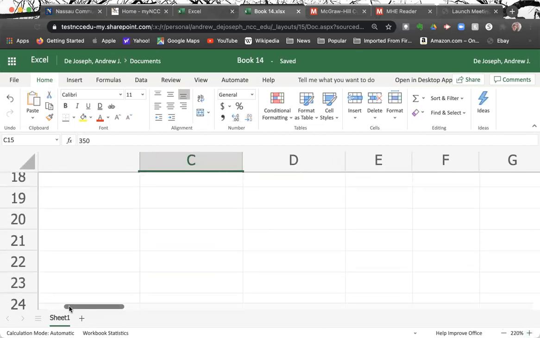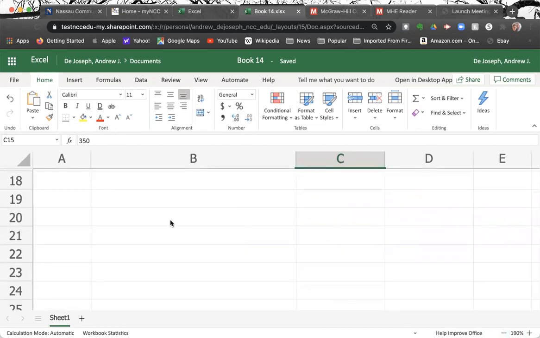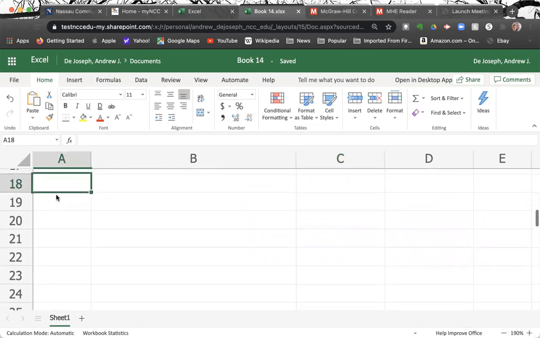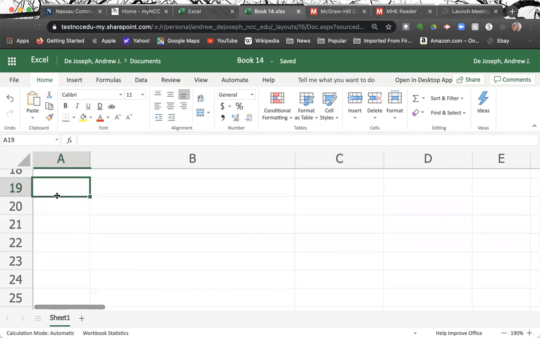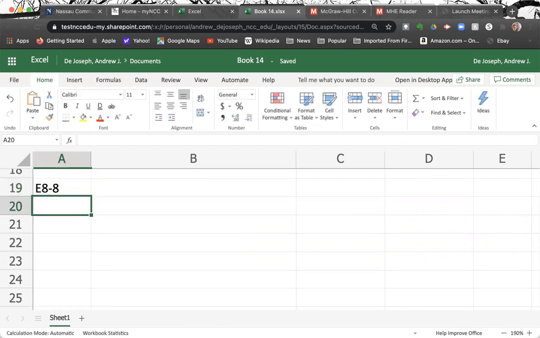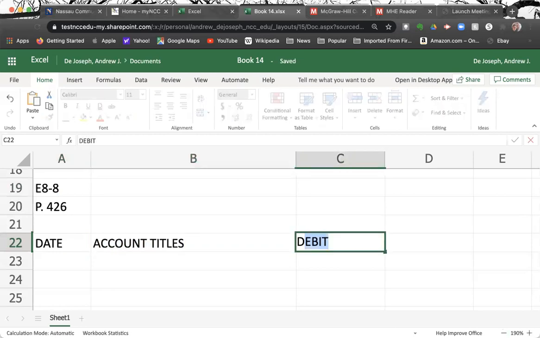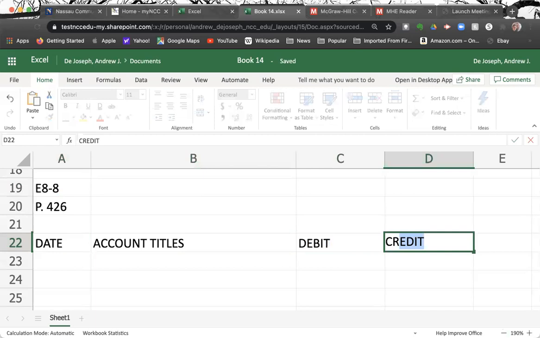let's make some entries. So this is exercise 8-8, on page 426. And we're going to make journal entries. So we need date, account titles, debit, credit.